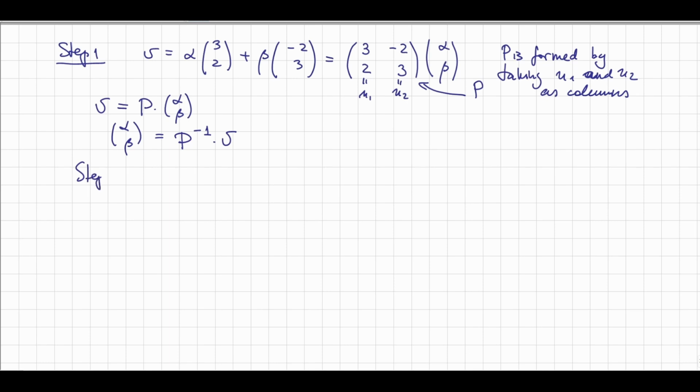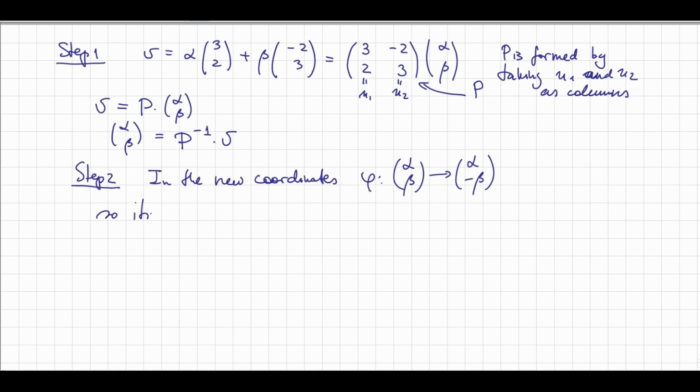Step 2. In the new coordinates, phi simply takes alpha beta to alpha minus beta. So its matrix in the new coordinates is simply 1, 0, 0, minus 1.